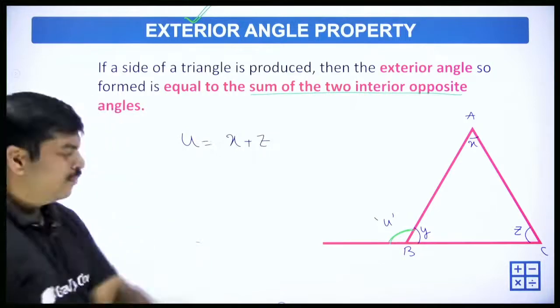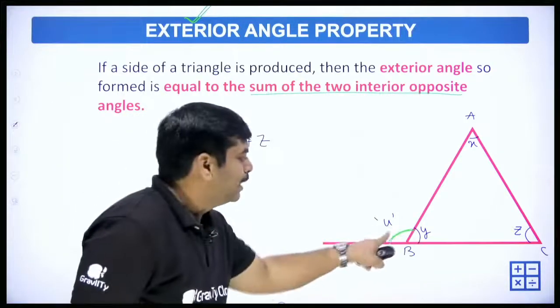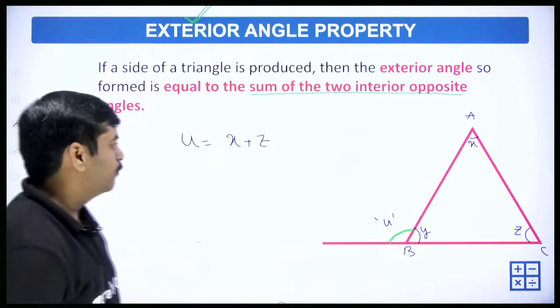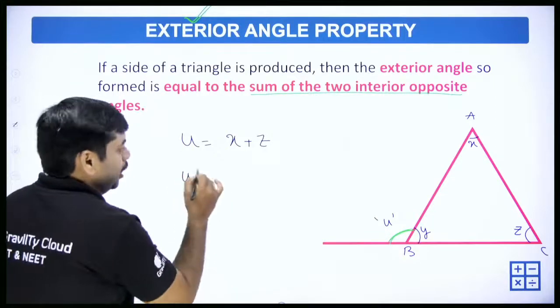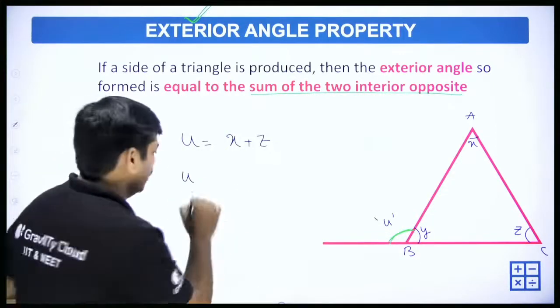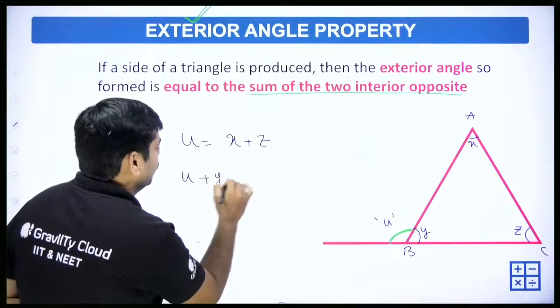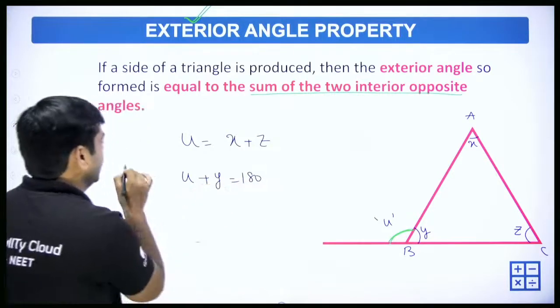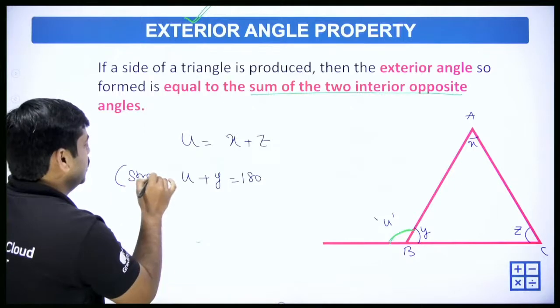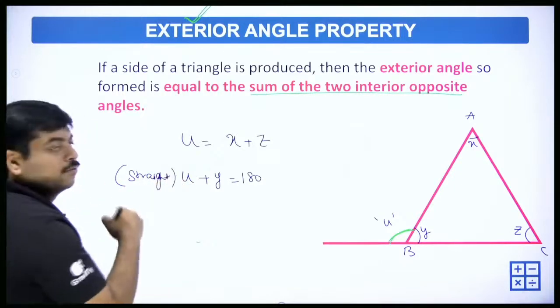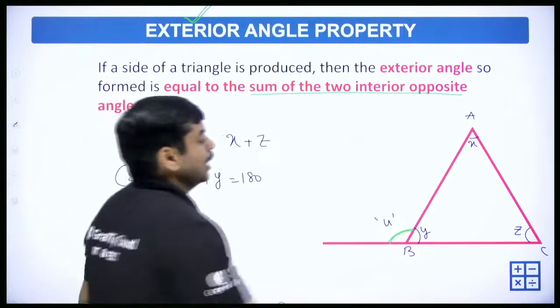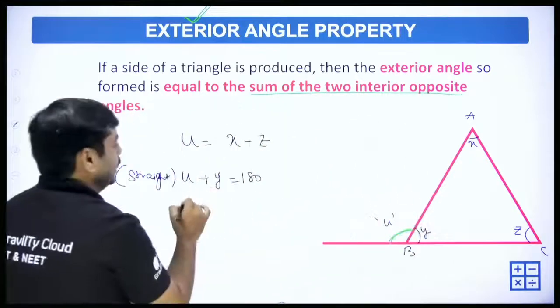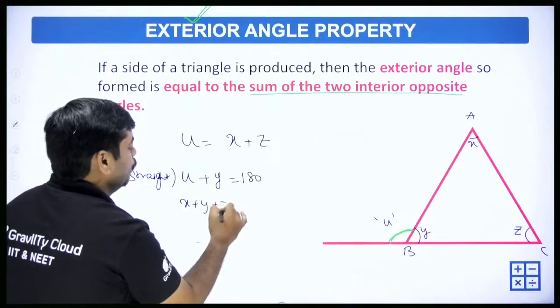How to get that? Very easy. These two are forming a linear pair, correct? Linear pair in the sense of a straight angle. So U plus Y is equal to 180 degrees, because it's a straight line. And the sum of all the angles is 180: X plus Y plus Z is equal to 180.